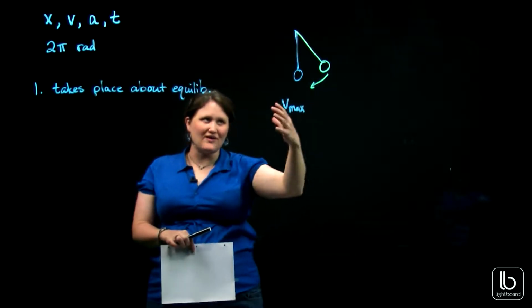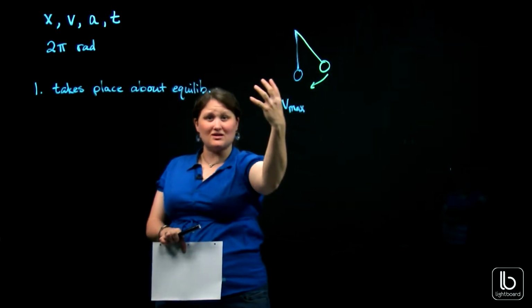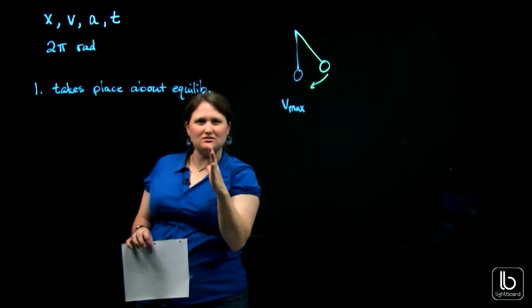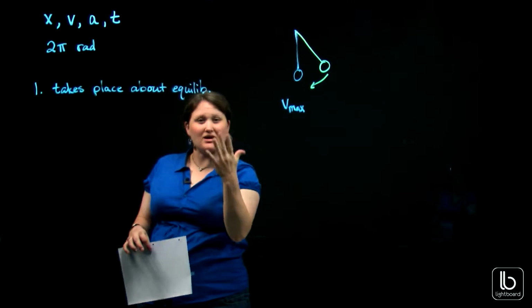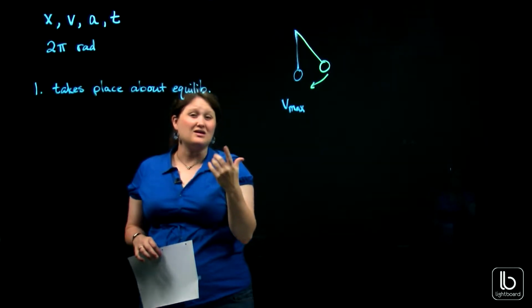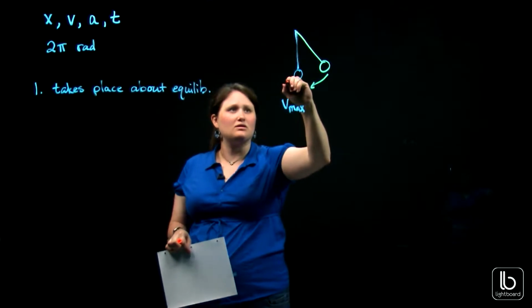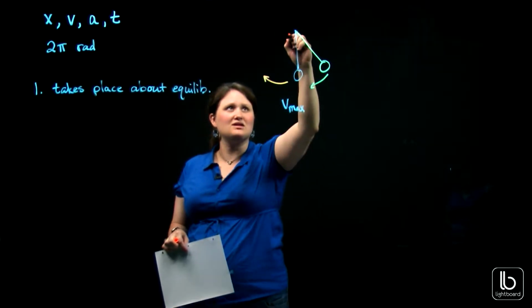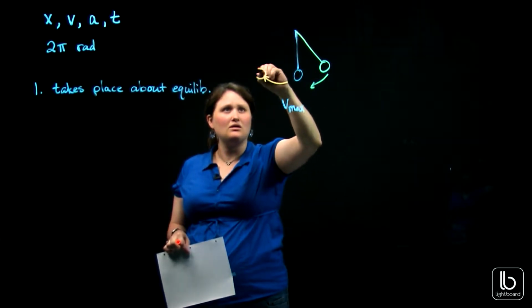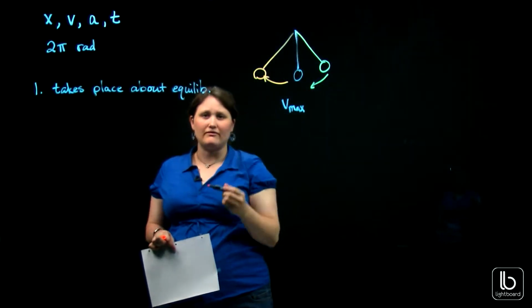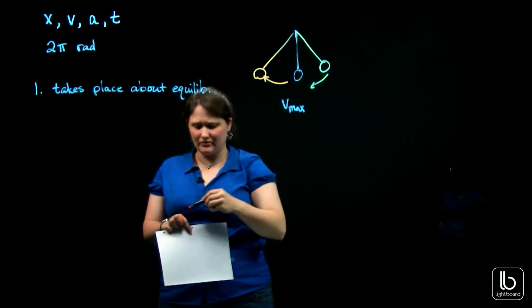But since I'm going the fastest and I have some momentum at this point, do I just pull back and the pendulum comes and stops right in the middle, right back at equilibrium? It doesn't, because of momentum. So we then have this continuing motion as the pendulum swings further through.